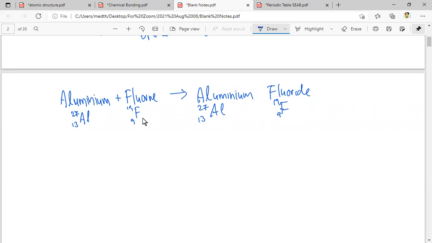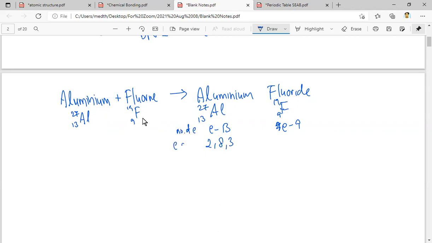Okay, so Al is 13, 27, and F is 9, 19. First thing, because we're going to do bonding, I will focus on the electrons themselves. So aluminium, because it has 13 protons, will also have 13 electrons. So E is 13. Fluorine, I've got 9 electrons. Okay, E is 9. What's the electronic configuration for aluminium? It is 2, 8, 3. So I'll start with the number of electrons.